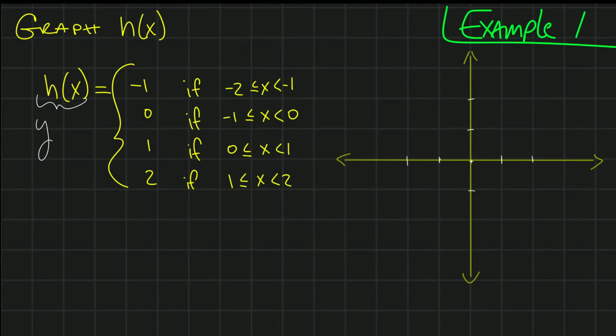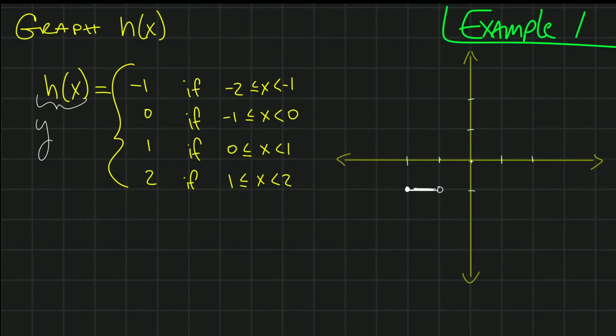So we have x is less than -1 and also greater than -2. So at -1, we're going to put an open circle, and at -2, we're going to put a closed circle, and that's going to be on the y is equal to -1 line. So open circle here, closed circle here, and then we fill in the blank in between it.